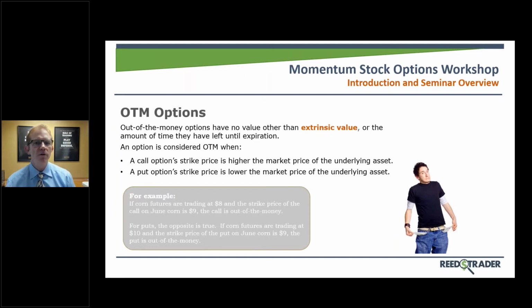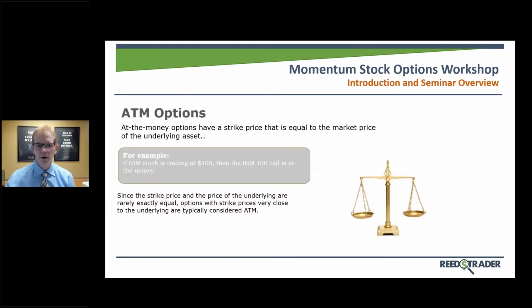If I said you can have the right now to buy corn at $9 and it's $8 over there, you're not going to do that because you're going to lose $1. So you'll skip. For puts, the opposite is true. If corn futures are trading at $10 and the strike price of the put on June corn is $9, then the put is out of the money. You're not going to sell at 9 and then go over there and pay $10. You're going to lose $1.